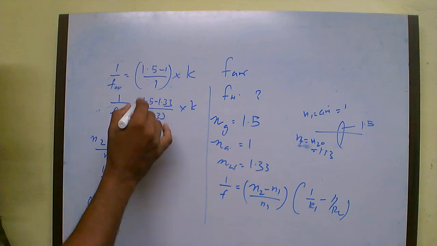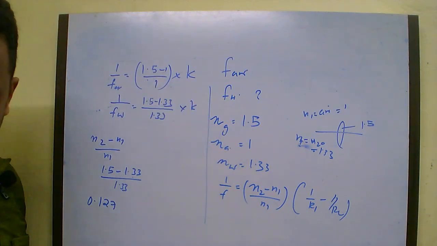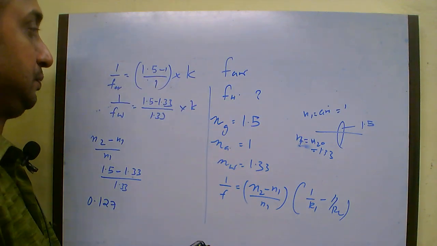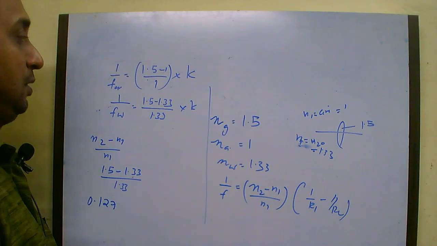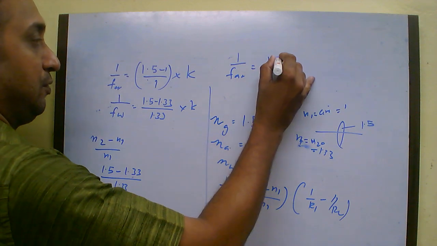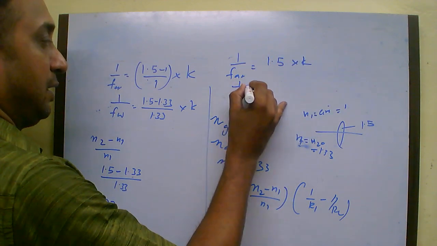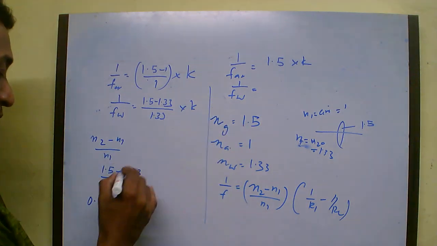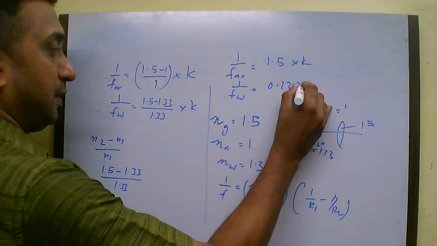So when you substitute, 1 by f in air will be equal to 0.5 times k, and 1 by f in water will be equal to some 0.127 times k.